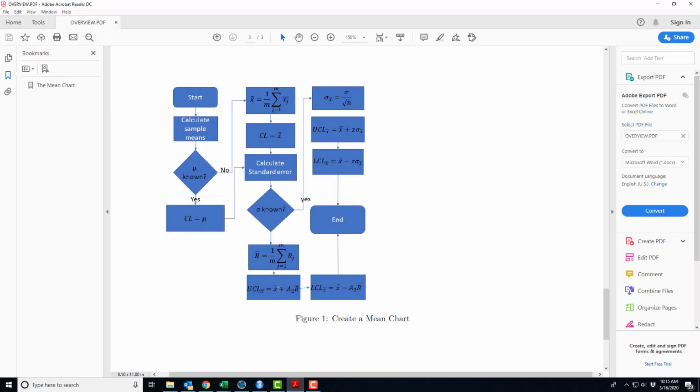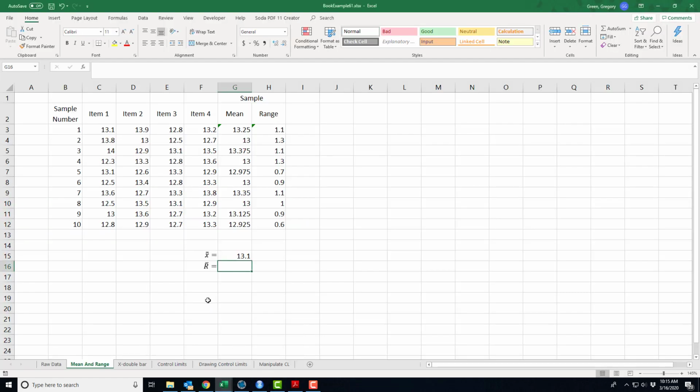All right, so the next step in my process says my center line is going to be this mean of the means. Oh, okay, I could fill that in. I know that my center line is going to be equal to the mean of the means. Or I could just simply keep track and know that my center line is the mean of the means.